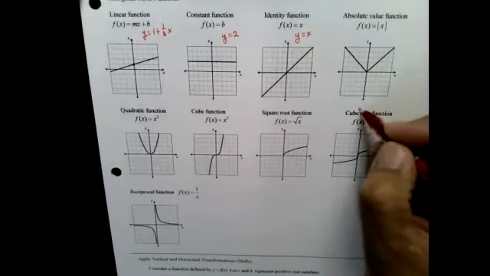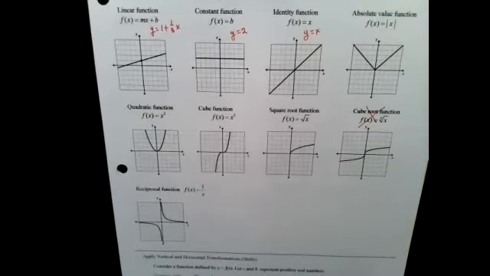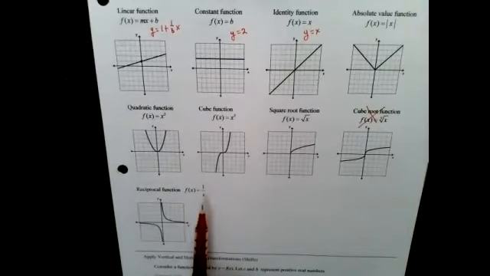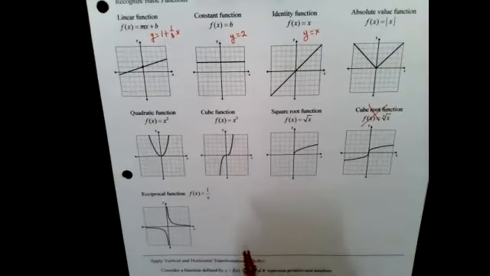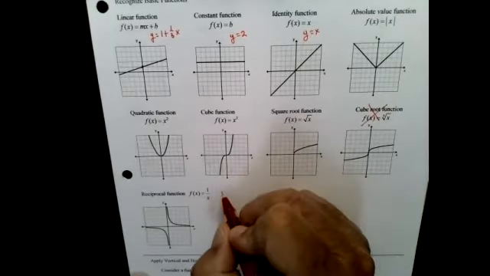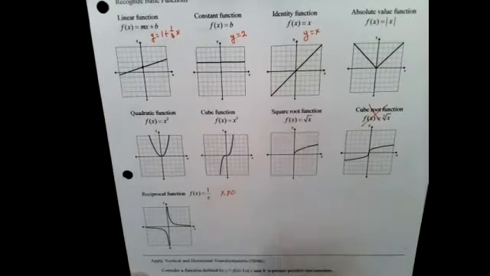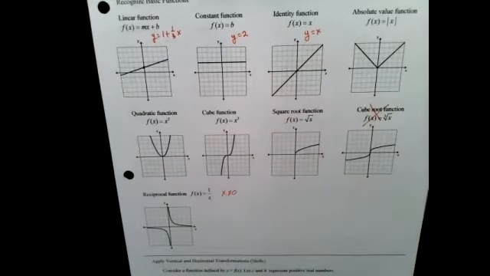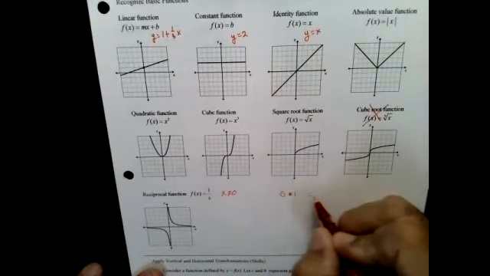Probably not the cube root function. That's one that we won't really talk much about. But down here's one last one, the reciprocal, 1 over x. As soon as I see 1 over x, I'm going, x cannot equal 0. Just my habit, because I know we're not allowed to divide by 0. 0 times 1 equals 0.